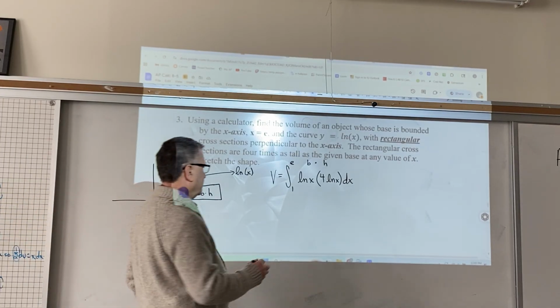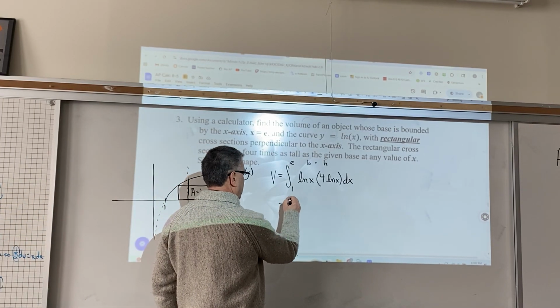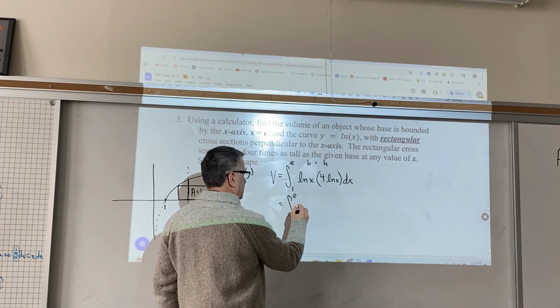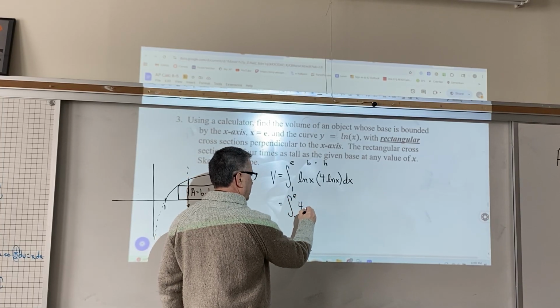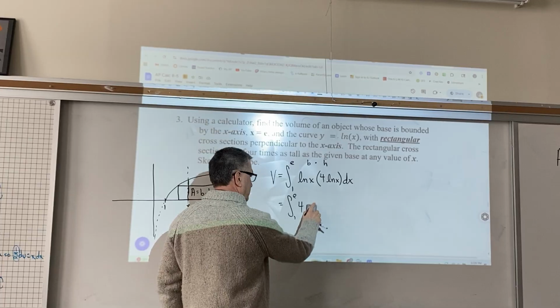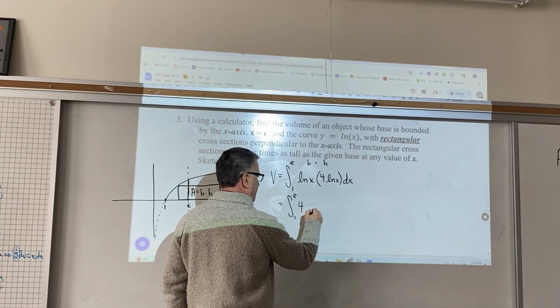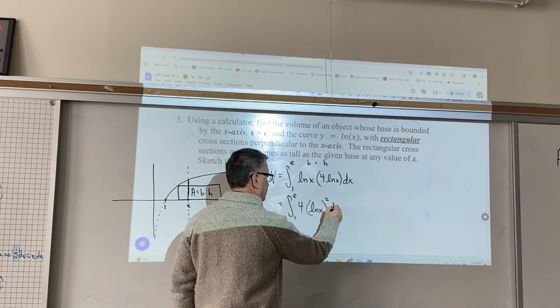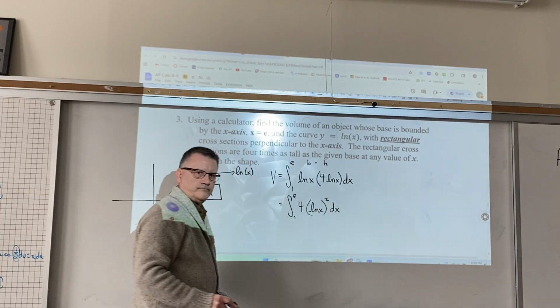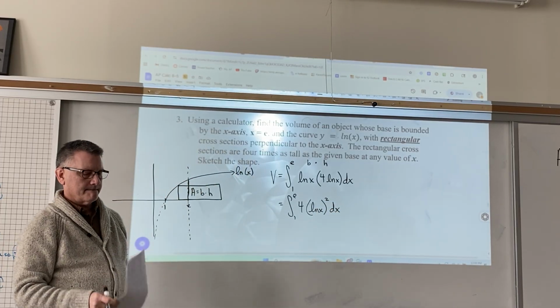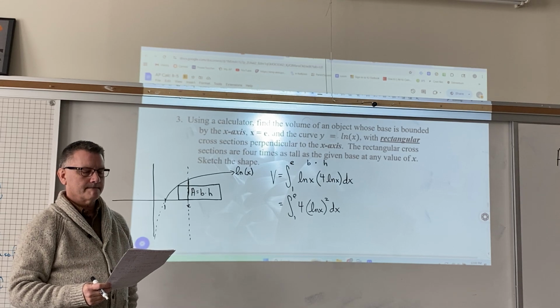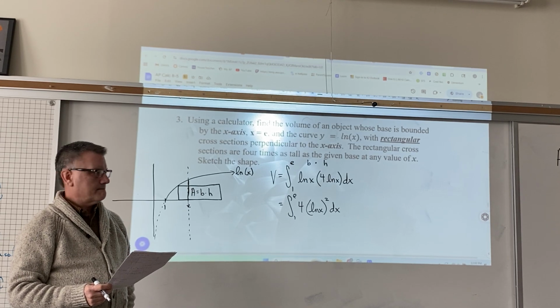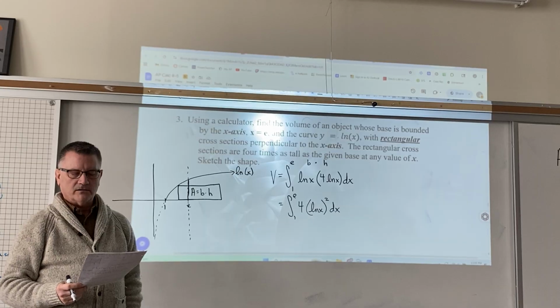So I can clean that up a little bit. Integral from 1 to E of 4 ln x squared. Using a calculator.